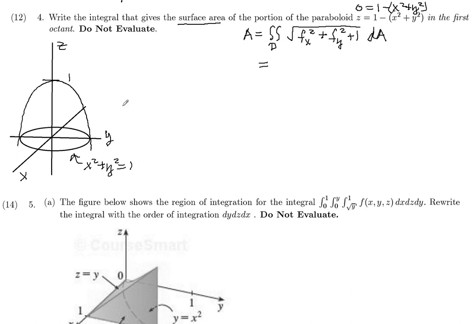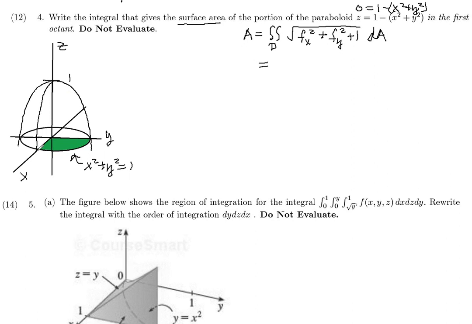Okay, we only want the surface area over the portion of it that's in the first octant. So our domain of integration is the part in the first octant down here. That's that piece right there, that quarter. The surface goes up on this side, hits the apex, and then comes down on this side.